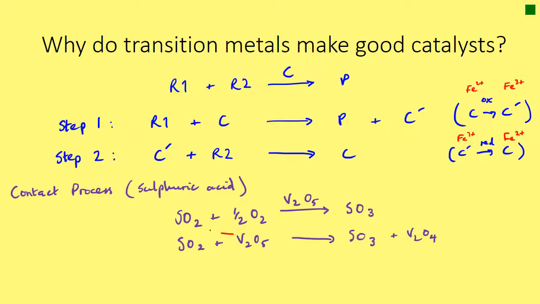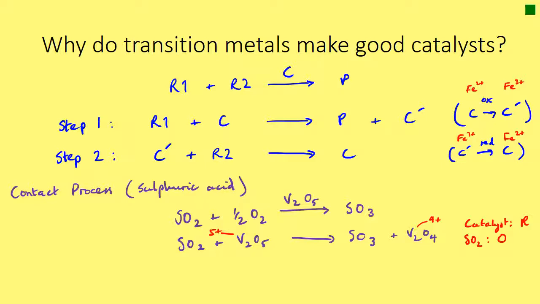Here our oxidation number is 5 plus, and here our oxidation number of vanadium is 4 plus. So our vanadium has been reduced, so our catalyst has been reduced, but our sulfur dioxide has been oxidized into sulfur trioxide.